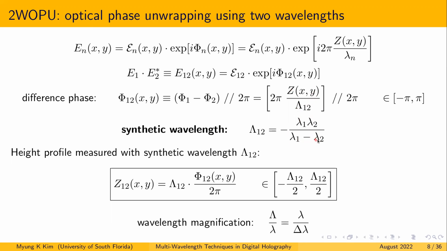If the wavelength difference is small enough, then this synthetic wavelength λ12 can be made larger than the maximum height in Z. Then the height profile Z12 measured with the synthetic wavelength λ12 can cover the height range of plus minus λ12 over 2.